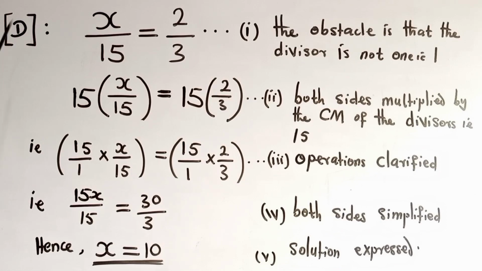Look at this example here, example D. X over 15 is equal to 2 over 3. Anyway, we could as well call this thing a fractional equation. It does not mean that each time we say something over something, it is equal to a fraction.